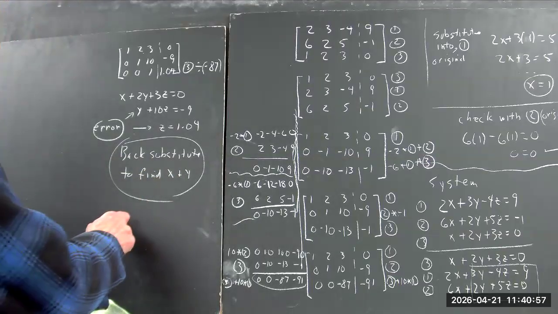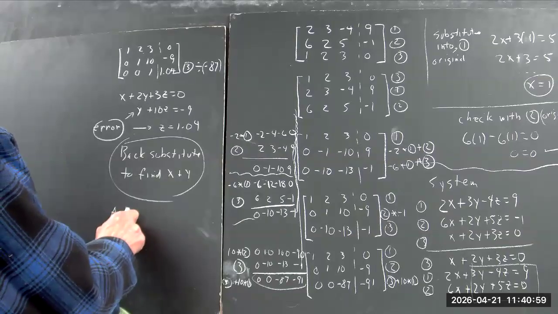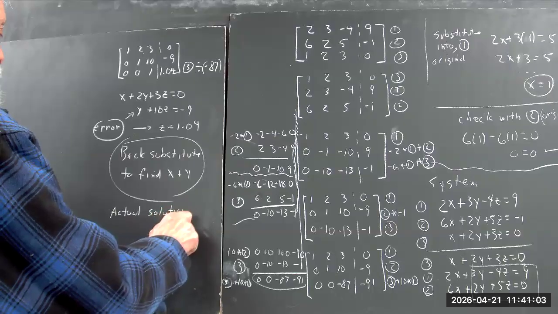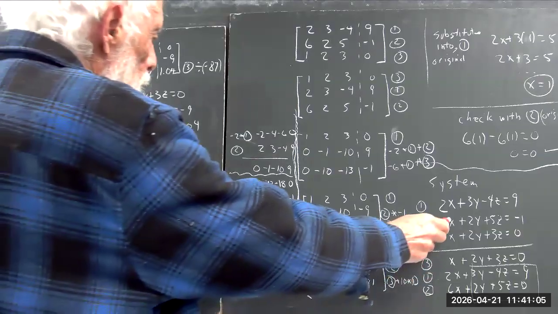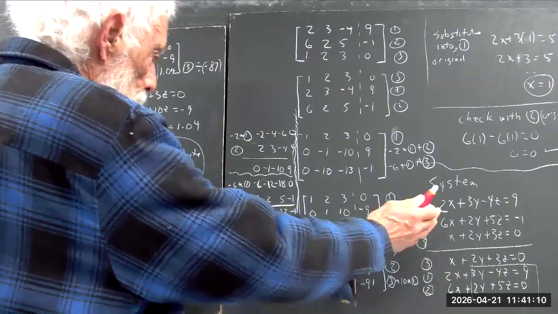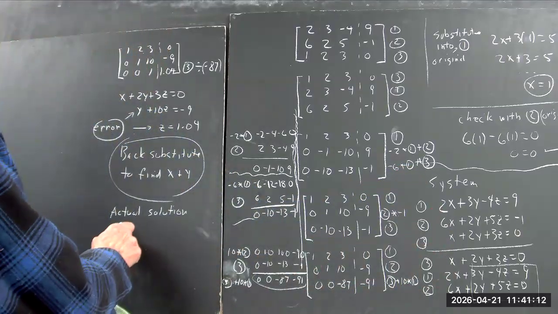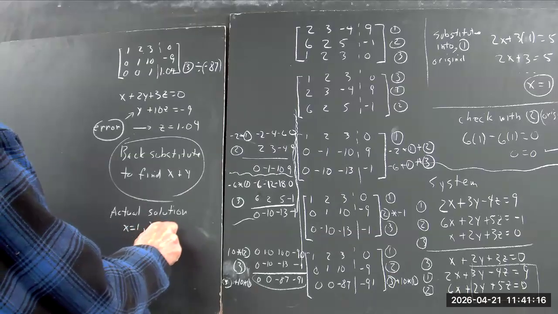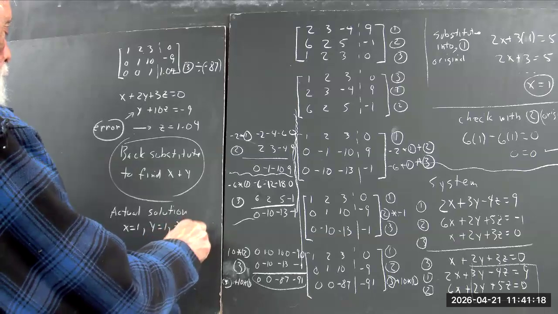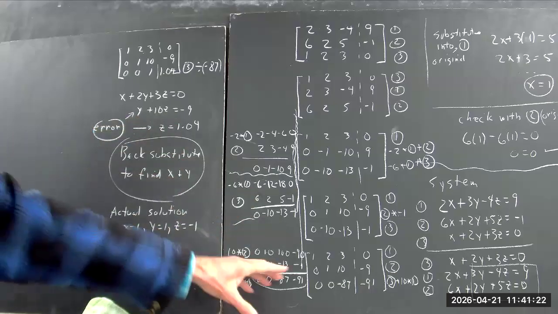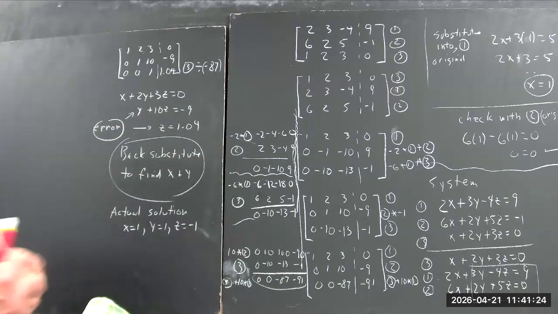The actual solution, what you would know from having done the system in this manner without using the augmented matrix, I think it's x equals 1, y equals 1, z equals negative 1. Got something close to 1, wrong sign. That indicates I reversed a sign someplace.